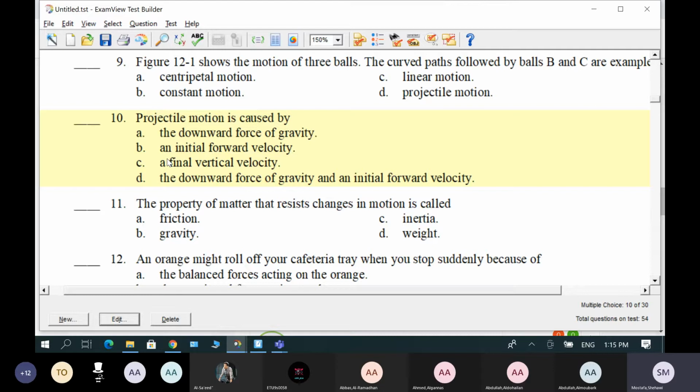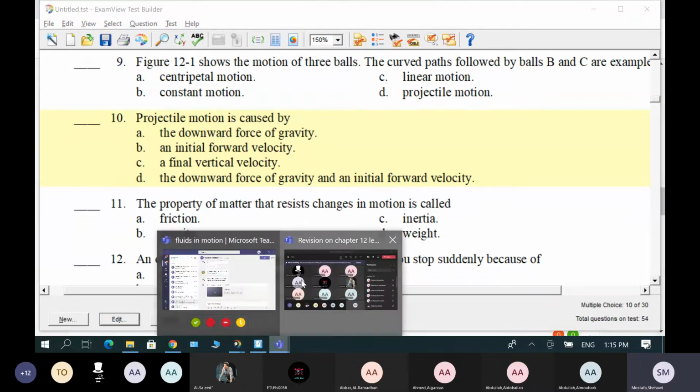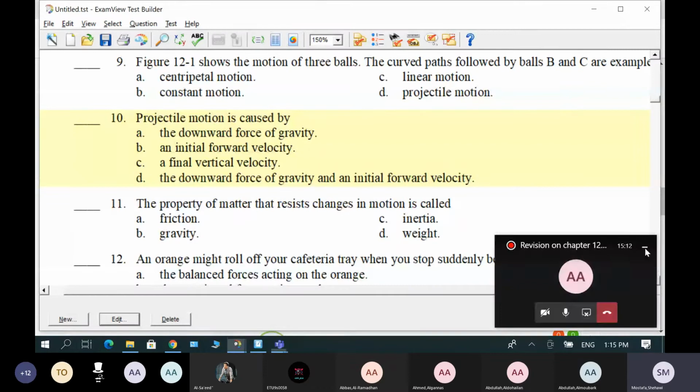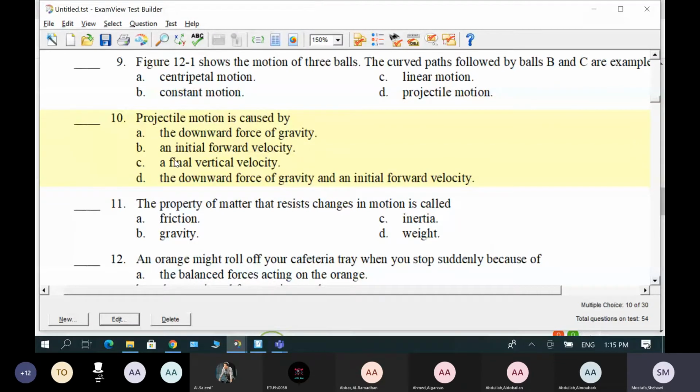There's a disturbance, teacher. Huh? You mean other sounds are working at the same time? Yes. Some other student opened the mic.